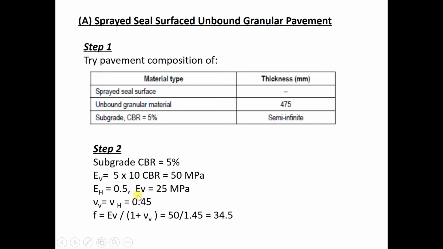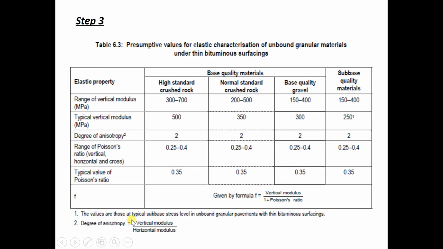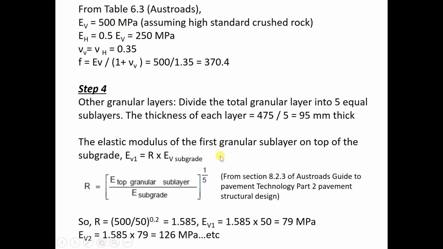Okay, I'm not going to go into too much detail. The modulus for the different materials, for the unbound granular material, is this much. And then the other thing as well, the Poisson's ratio, which is 0.35.